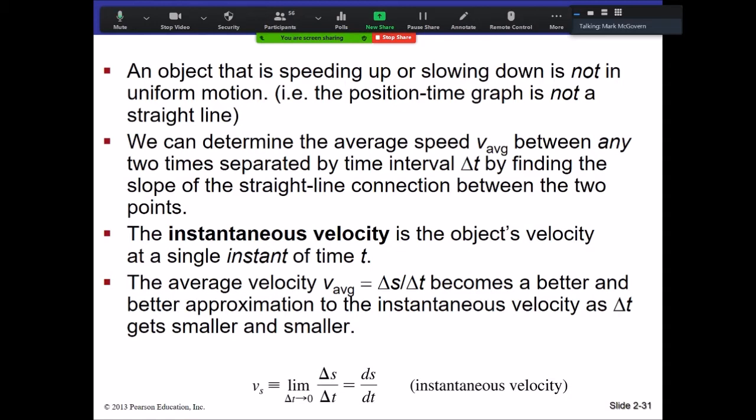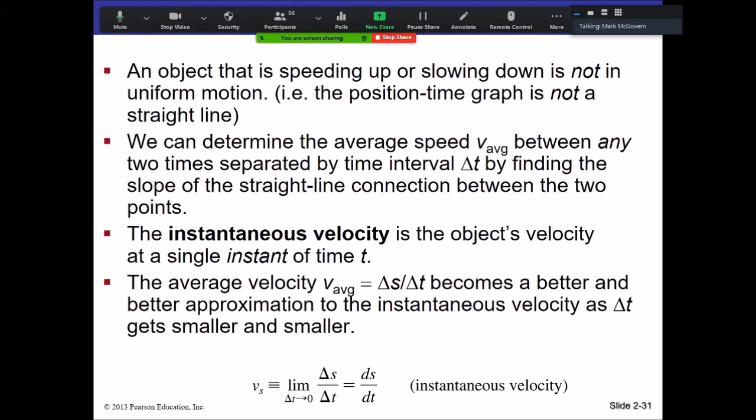And the way we would form that is we take that definition of average velocity, delta S over delta T, and we take the limit that delta T goes to 0. So when we are sampling our motion, we're not choosing 1 minute, 1 second. We're saying that if I were to choose 1 minute, the answer is the same.